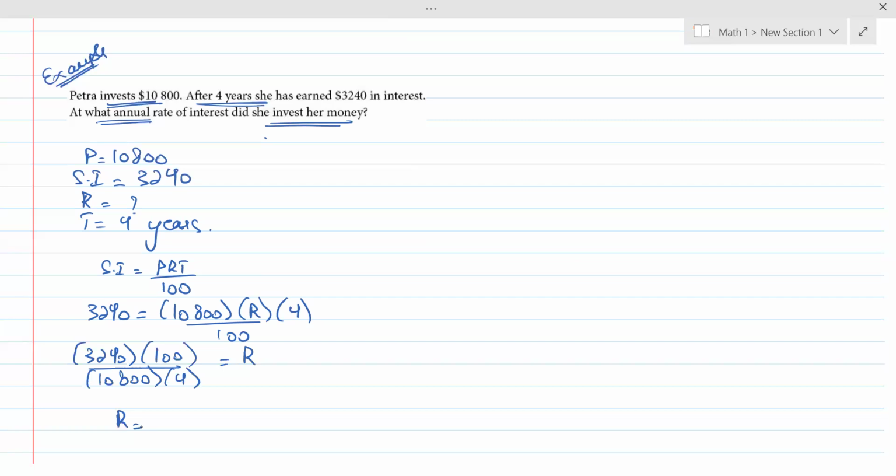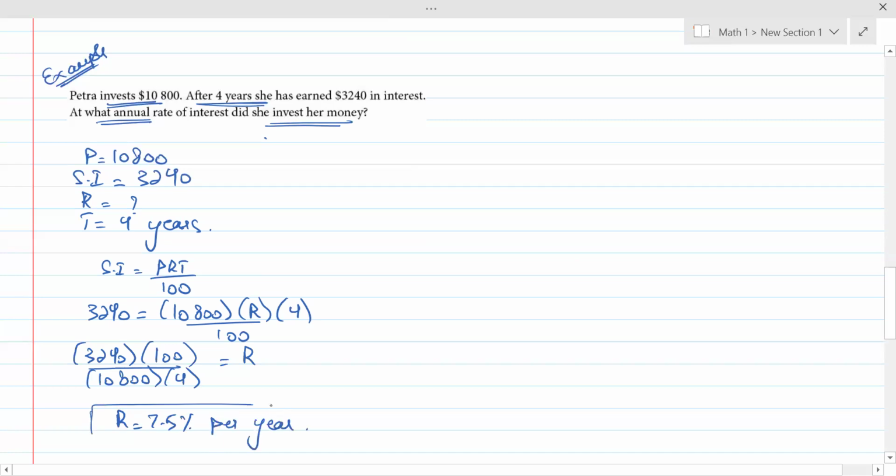We're getting this as 7.5% per year. So unlike the previous question, here the simple interest was given and rate was supposed to be found.